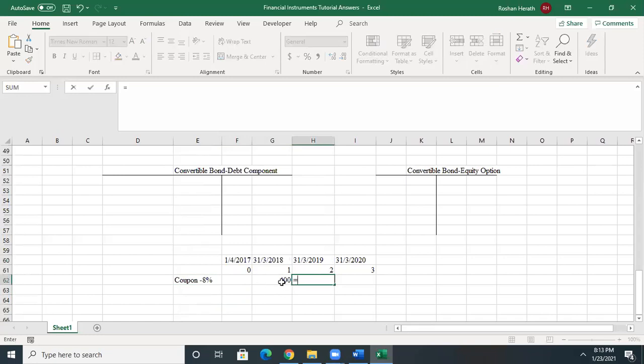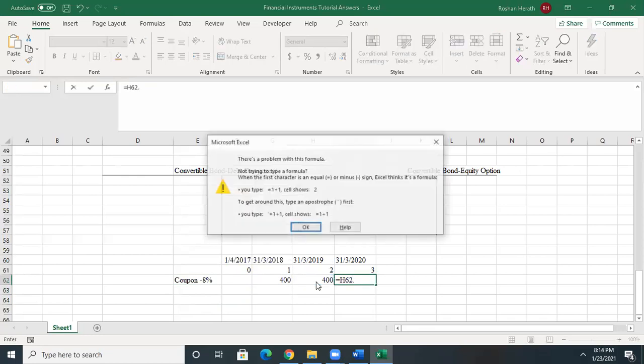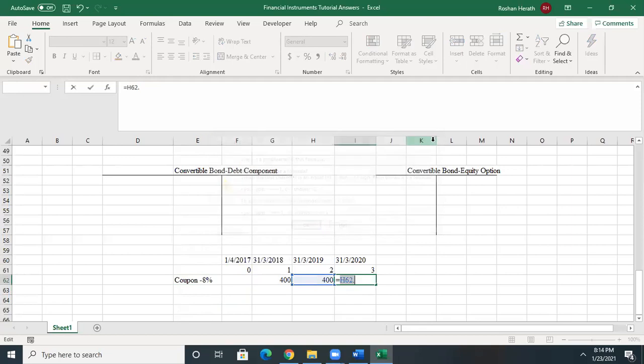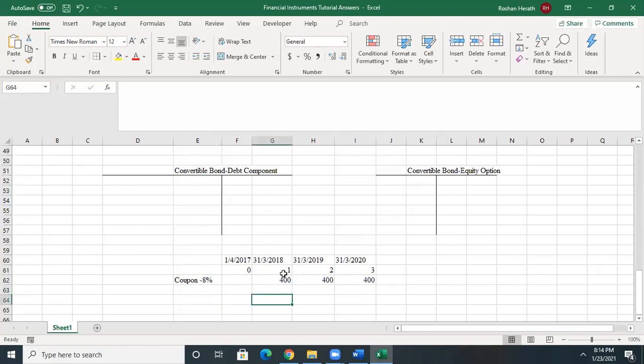Each year you are paying the same coupon.